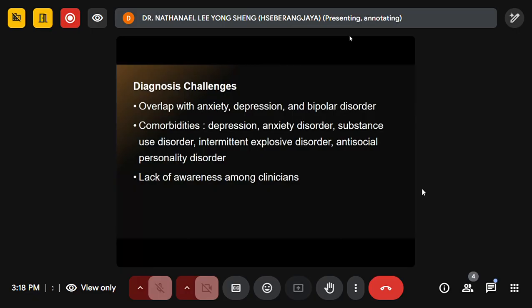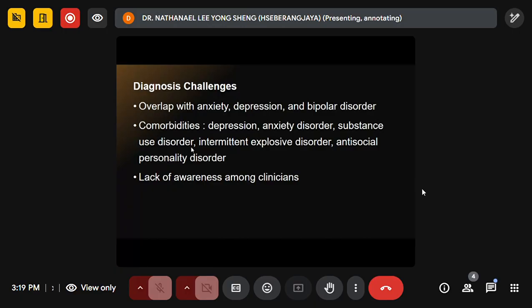For the comorbidities, ADHD people are always presented with depression, anxiety disorder, substance use disorder due to their impulsivity, and also some are actually self-treating their attention issues with substances, and some of them have comorbid intermittent explosive disorder, and some have antisocial personality disorder.